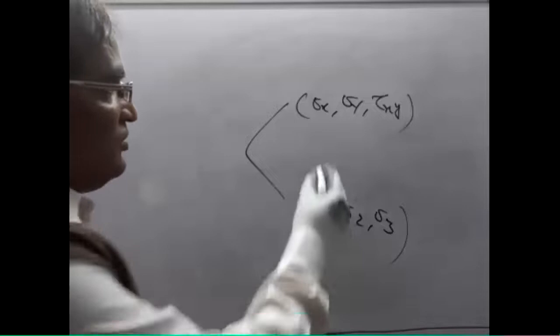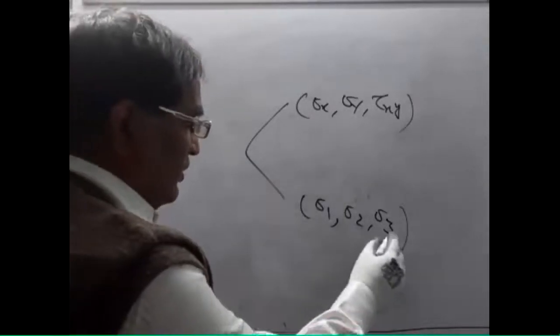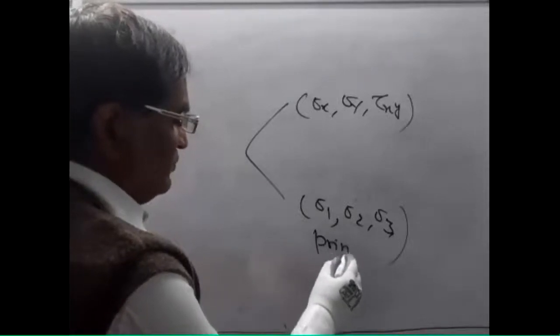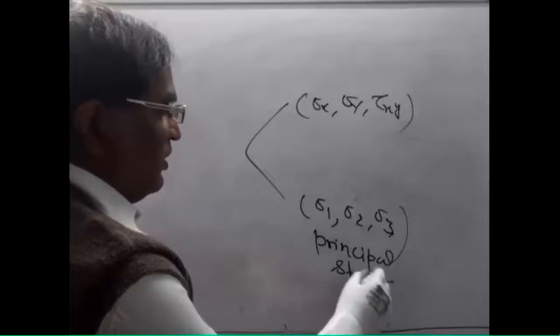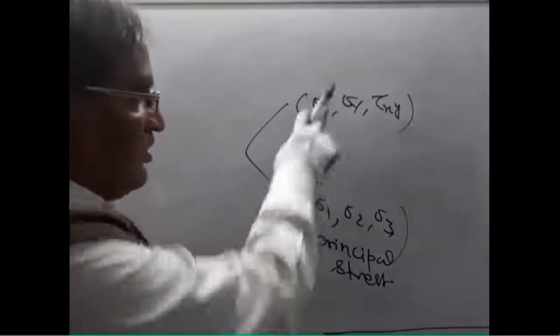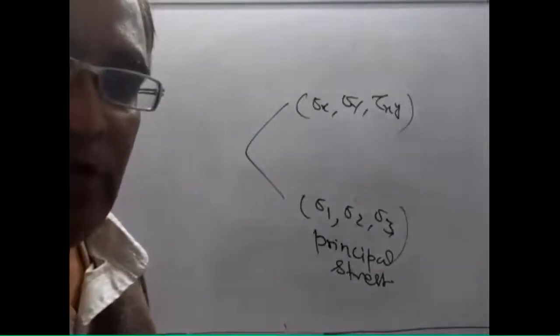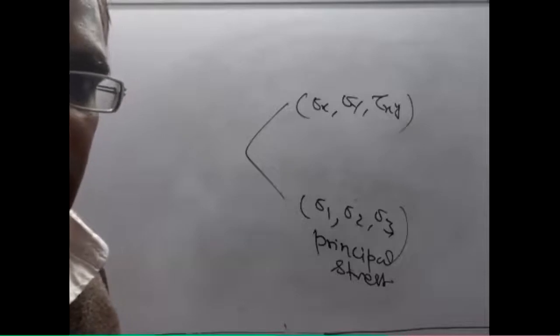One case is where the general stress is given; in the other case, you have been given the principal stresses. Of course, one is a special case of the other, but I classify them in two. In any standard book, you find the Mohr circle diagram in two ways.